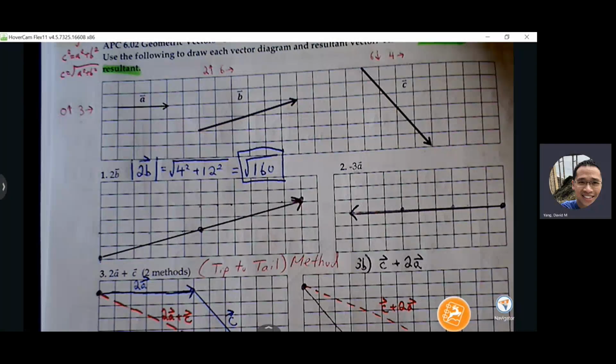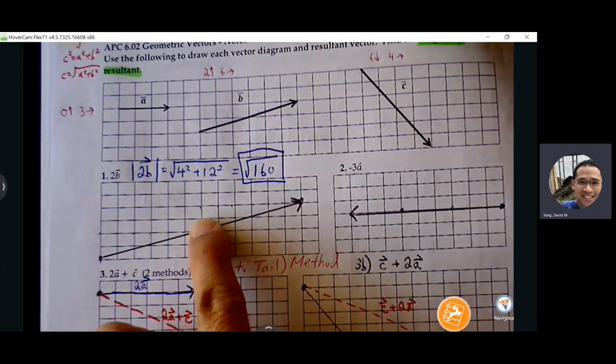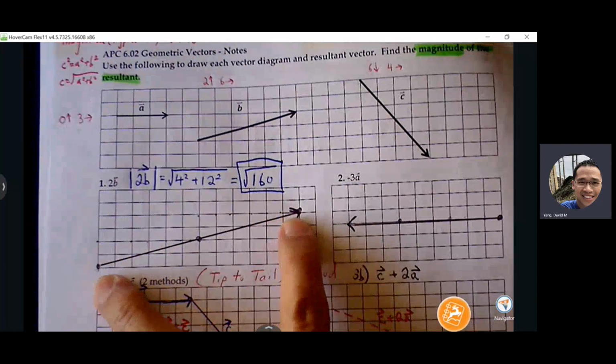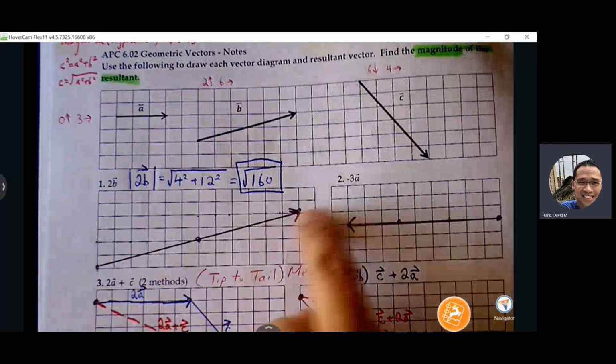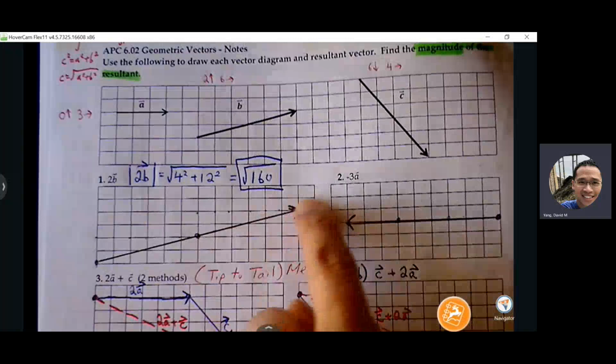The slope of the line is going to help us get information about the direction, but here it's only asking us for the magnitude. We just want to know how long this length is. So imagine drawing a right triangle. The length is c squared equals a squared plus b squared, and I'm just taking the square root of c.